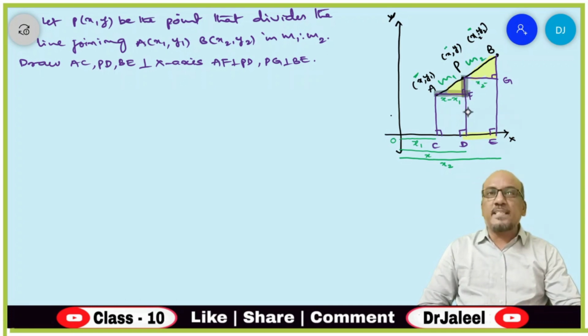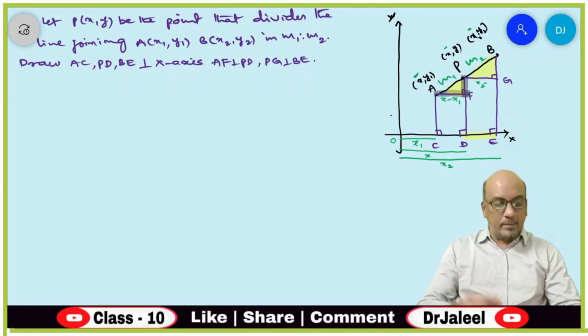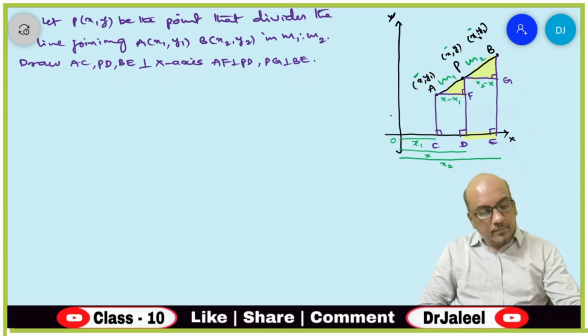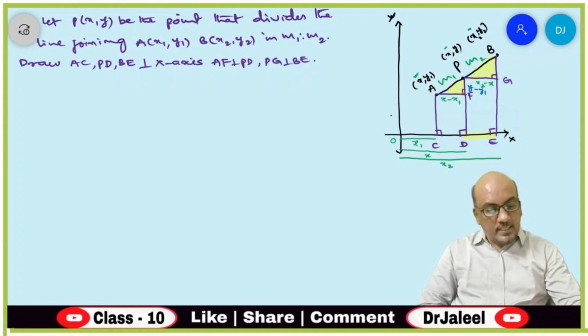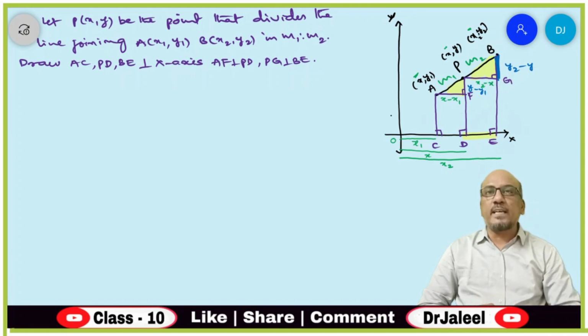AF is x minus x1, so PF will be y minus y1. Then in the same way, what is BG going to be? As PG is x2 minus x, BG is going to be y2 minus y.